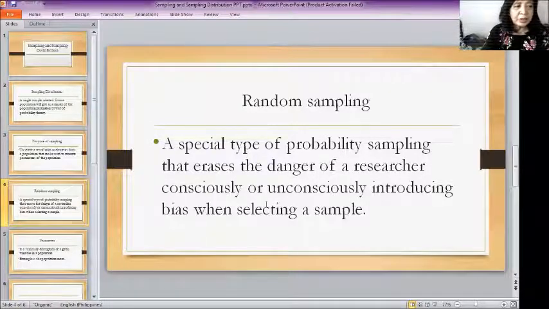When you apply random sampling, you will not be able to select by convenience. So everybody would be given a chance to be a part of the samples.